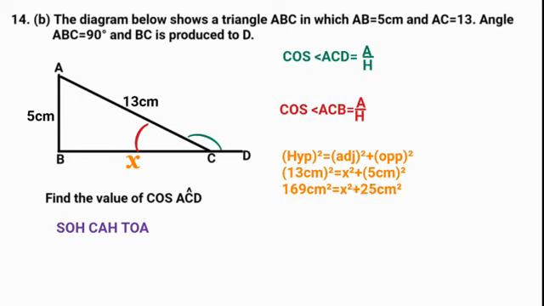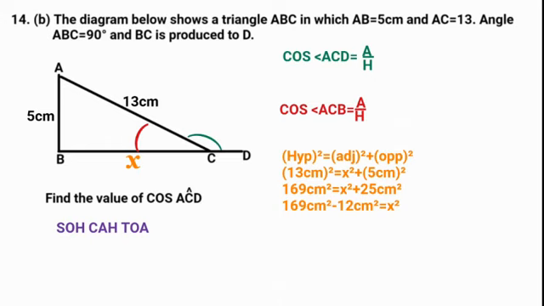Now, the next thing we're going to do is put like terms together. So we have 169 centimeters squared, then 25 centimeters squared crosses the equal sign and becomes minus. It shouldn't be 12 centimeters, it should be 25 centimeters squared.